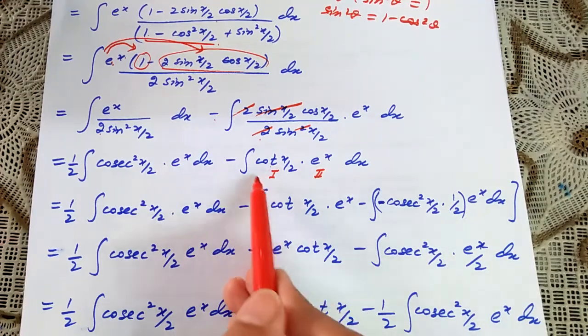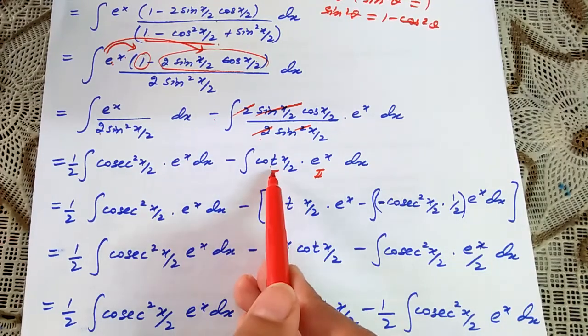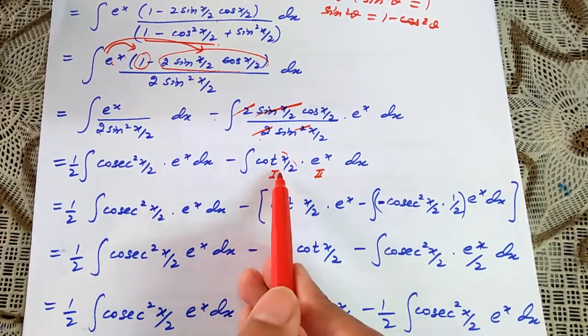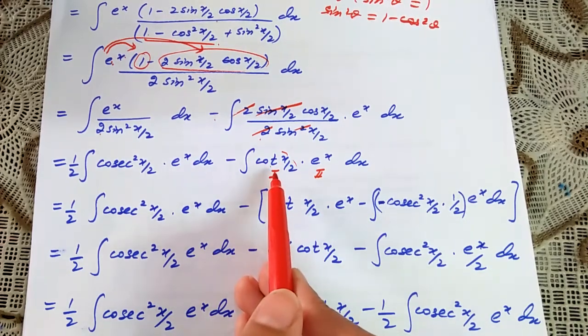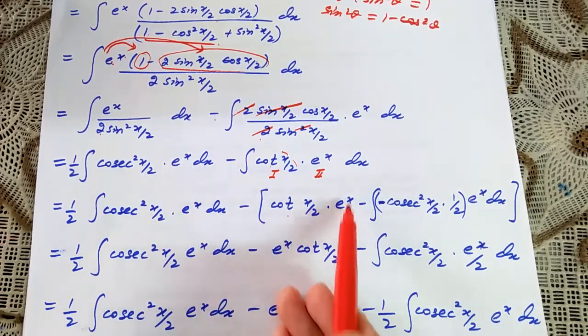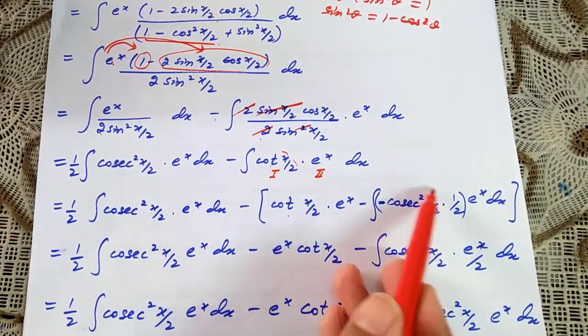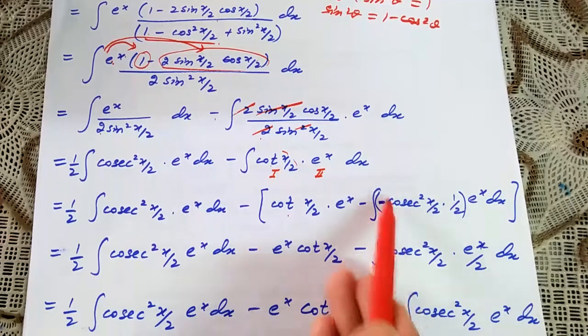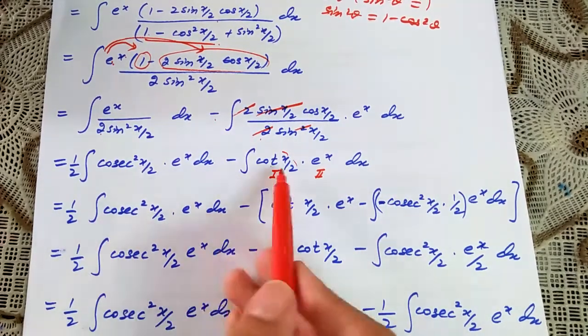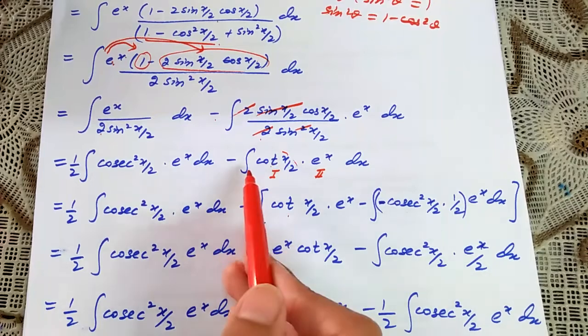This will be our first function, and e raised to power x will be our second function. I have taken it as the first function because we know that integration by parts has the formula: first function into integration of second function minus the main integral of derivative of first function into integration of second function. So here we need cosecant square of x by 2 so that we can cancel this integral. That's why I have taken it as the first function.